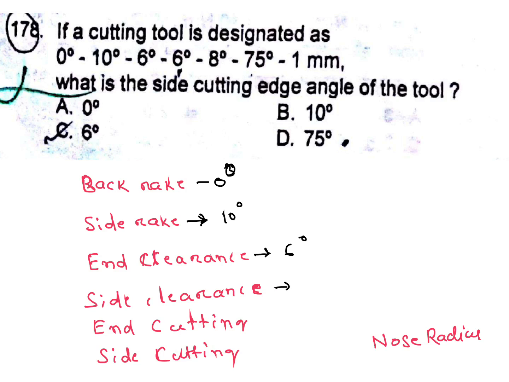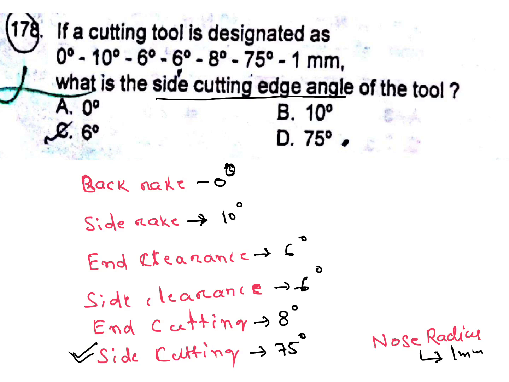Then end cutting edge angle 8 degree. Side cutting edge angle 75 degree. Nose radius in mm, it's 1 mm. In this question they asked side cutting edge angle, sixth term. So D is the answer.